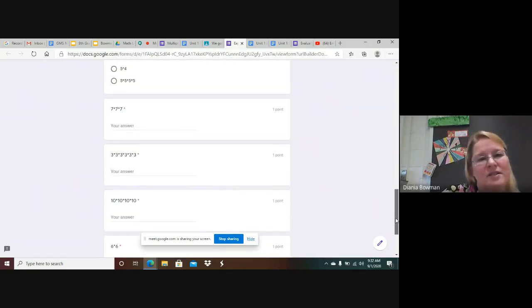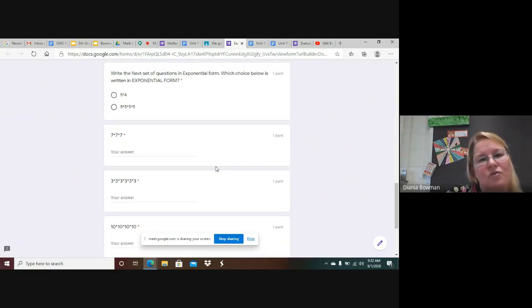So we're going down here to the next one. It says write the next set of questions in exponential form. Which choice below is in exponential form? 5 to the fourth, that little caret, that little upward arrow, means exponential form. So we choose that one. 7 to the third, so there's 3 sevens. Our base stays the same, and we use the little up arrow that's on the top of 6.